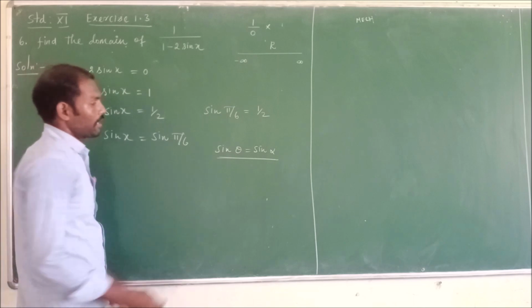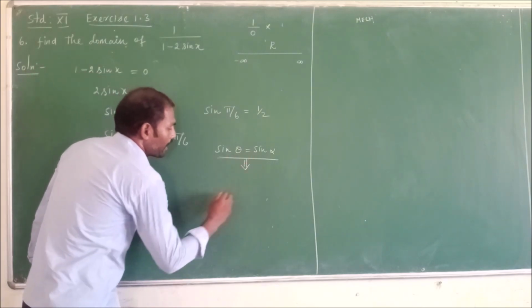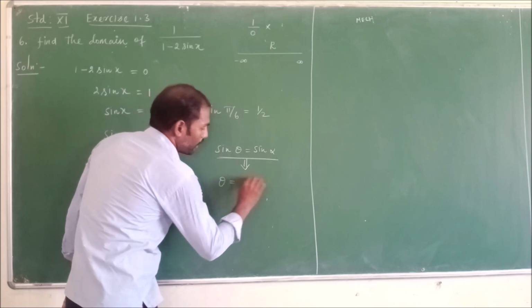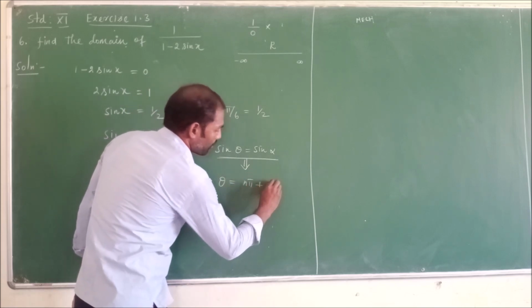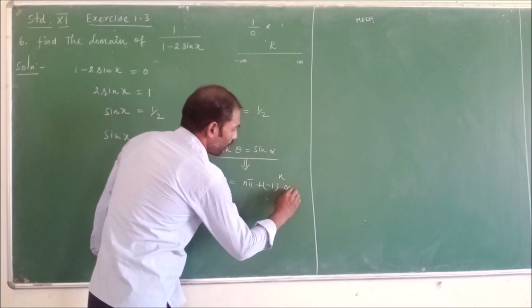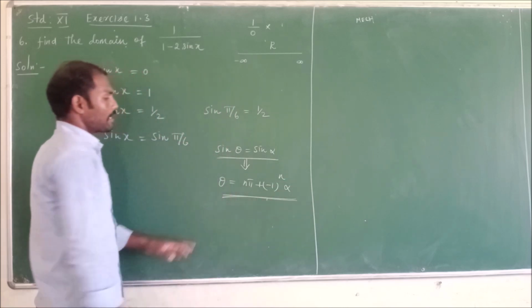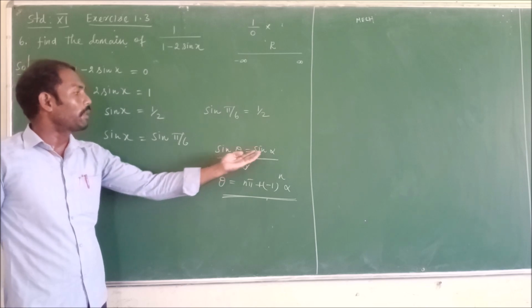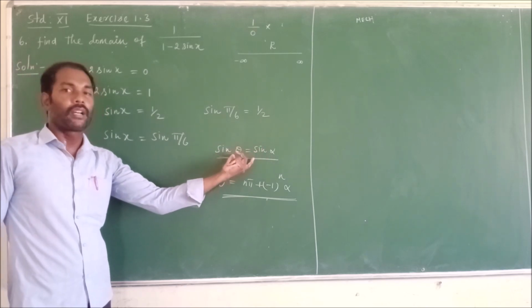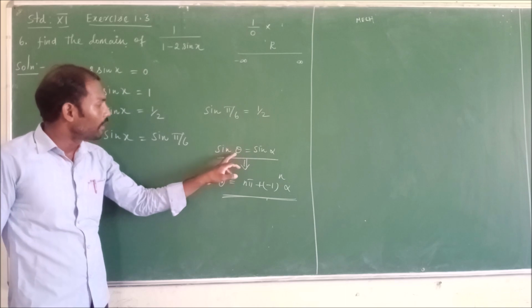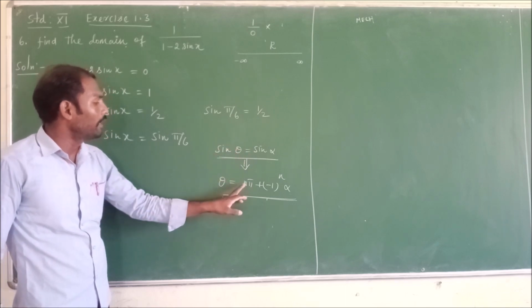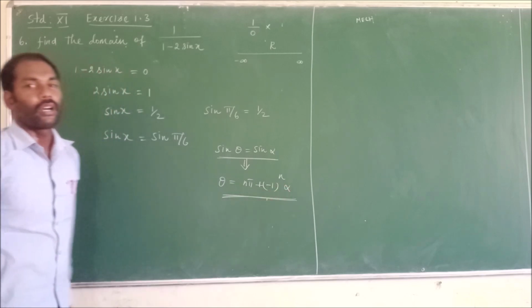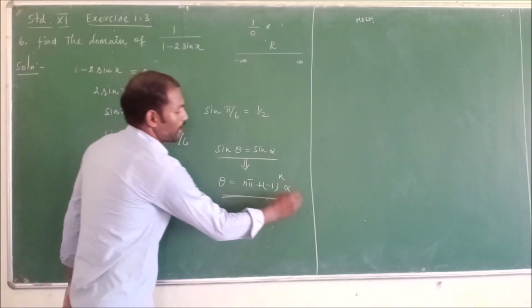For this type of equation, sin theta equal to sin alpha, the general solution of theta is theta equal to n pi plus minus 1 whole power n into alpha, where n belongs to integers.